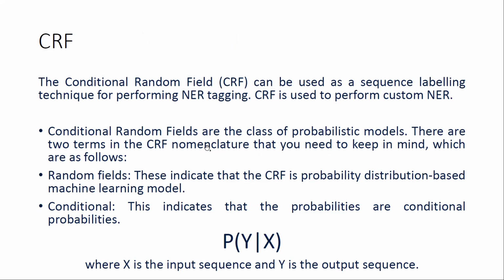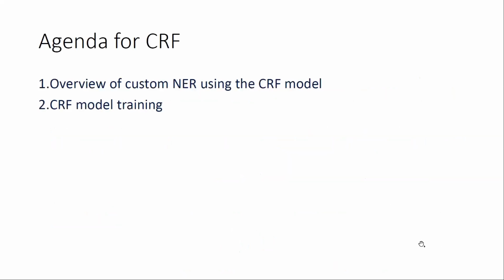There are two terms, random fields and conditional. Random field means that it is a probability distribution based machine learning model. The second part, conditional, means that there is a conditional probability involved, p(y given x), where x is the input sequence and the output will be the y value.